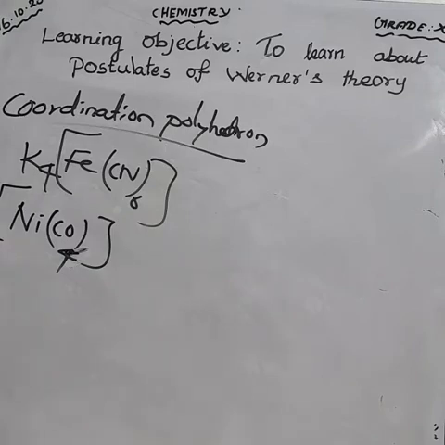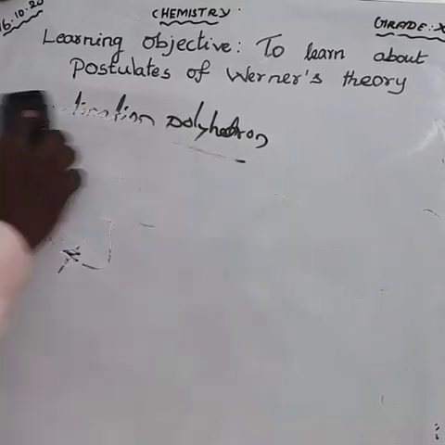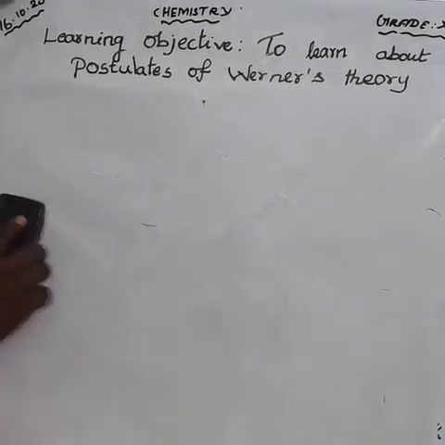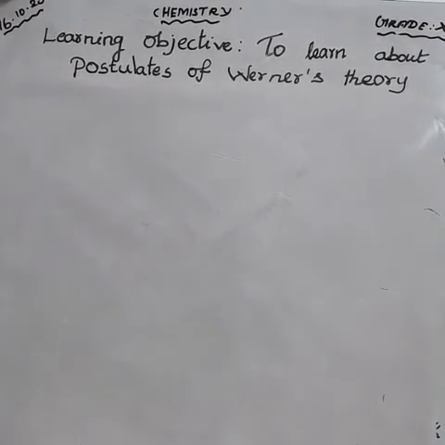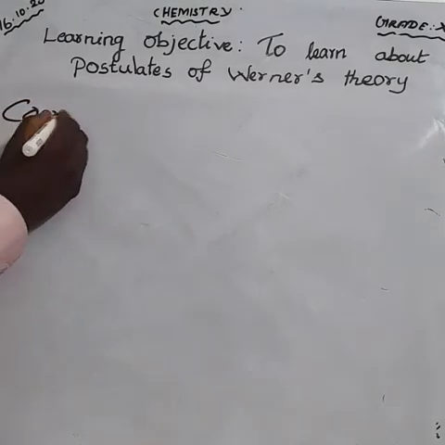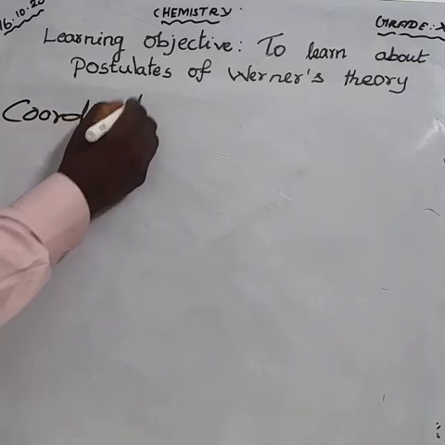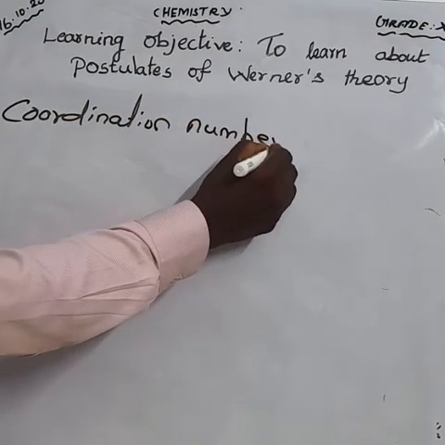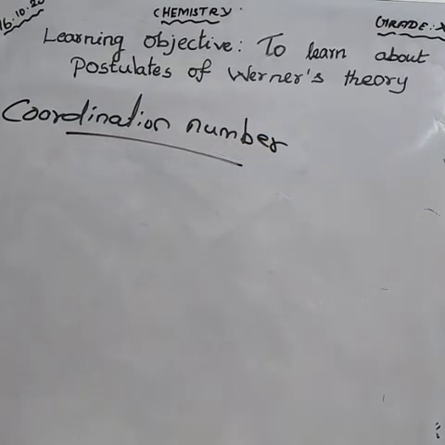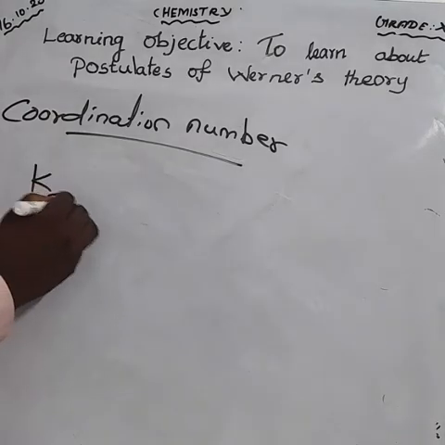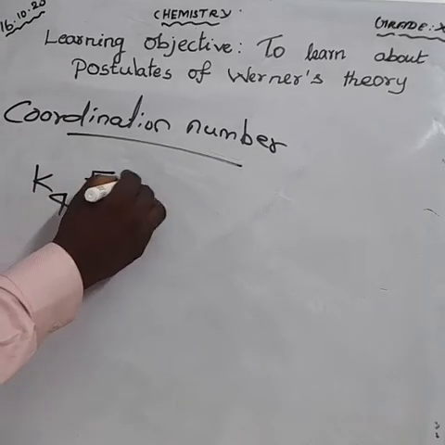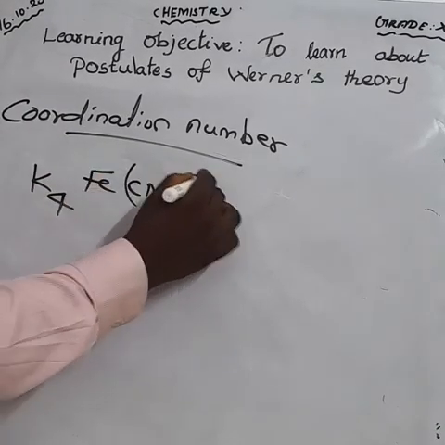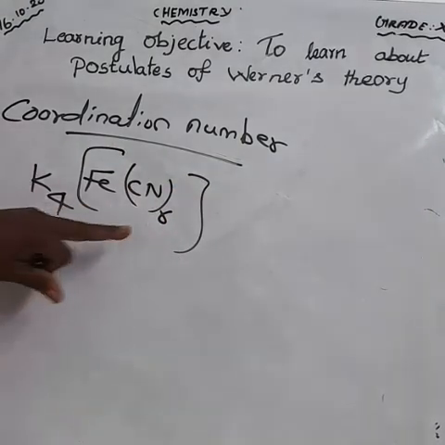We will learn about the coordination number. How can you find the coordination number? Take one example, K4[Fe(CN)6].